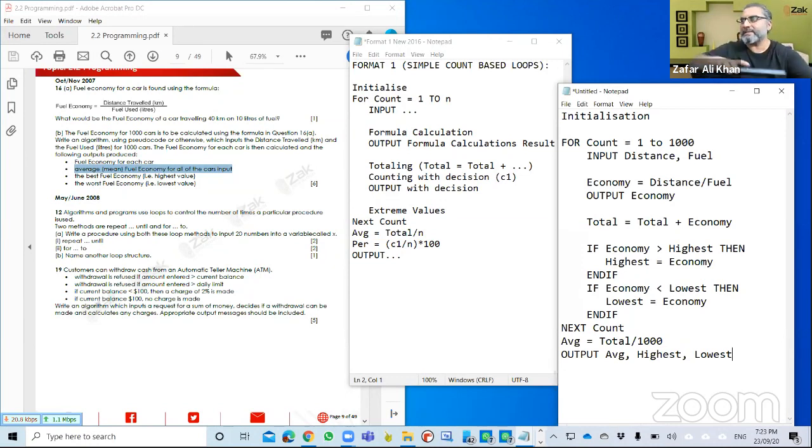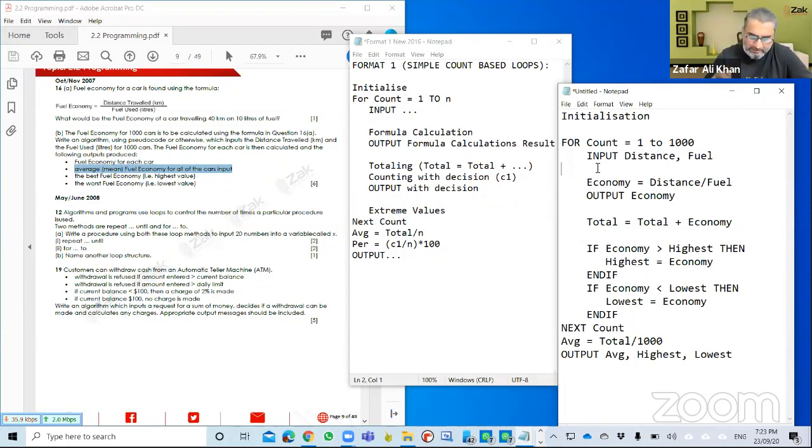Now what part remains? Initialization. Now as we have completed the whole part from for until output, we will do this initialization. Initialization means giving all the variables initial values. Any value that is given at first is the initial value.